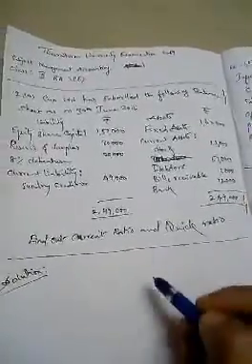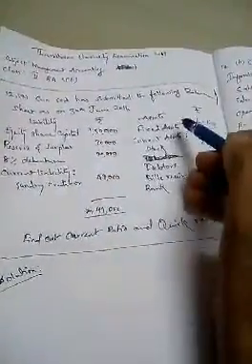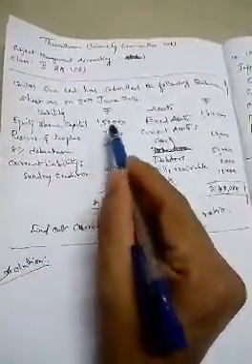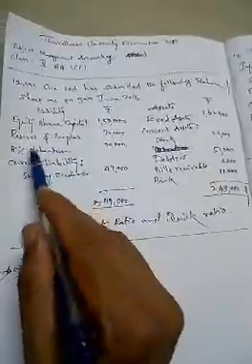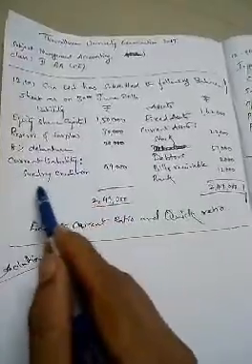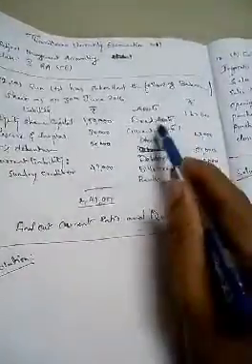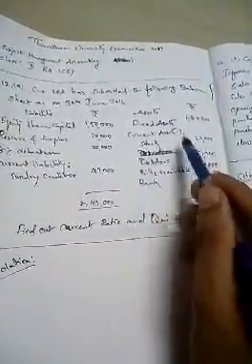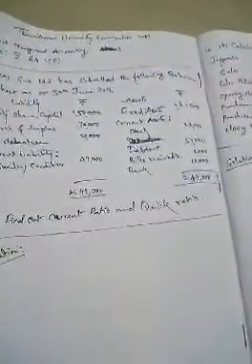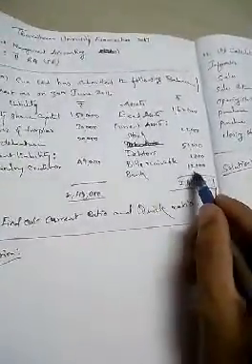Here a balance sheet is given. On the liability side, equity share capital 1,50,000, reserve and surplus 30,000, 8% debenture 20,000, and current liability, sundry creditor, is 49,000. On the asset side, fixed assets 1,62,000, and current assets: stock 22,000, debtor 51,000, bills receivable 2,000, bank 12,000.